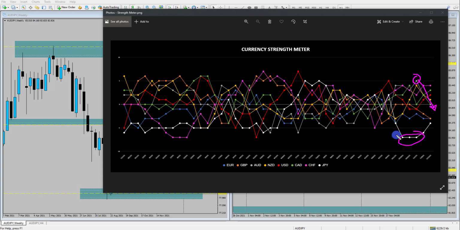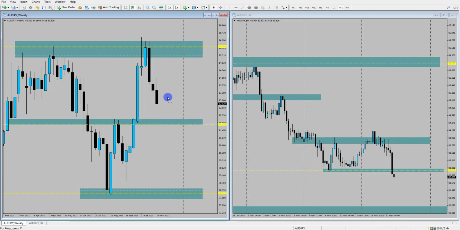Yen is the opposite. We're at the extremes to the downside, very weak, and now we're starting to see buyers come into that market. So these two lines are converging towards each other. We've mentioned this in a previous video, and that typically means that we could start to see this market in a reversal position.